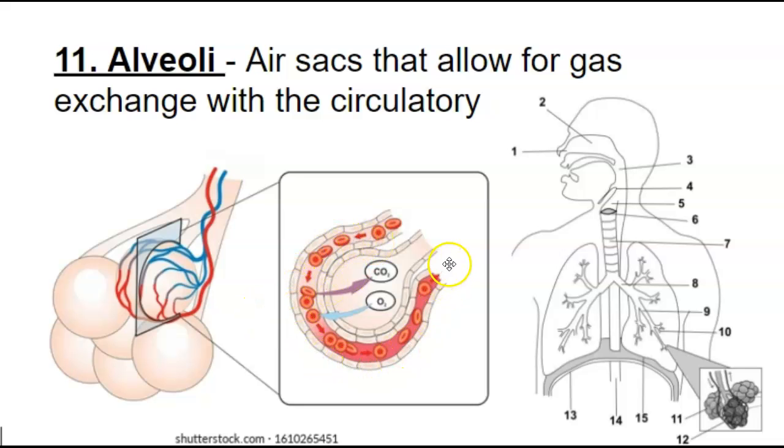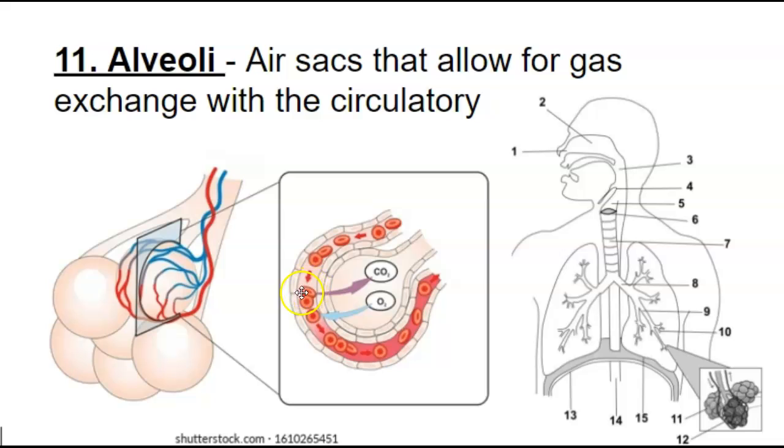Remember our capillaries? So the capillaries are around these little tiny air sacs at the end of all of these little tubes, these bronchioles. And so this is where, when you breathe in, air goes into your lungs all the way to the end of the little tiny tubes to these air sacs, and then the oxygen goes into your bloodstream.